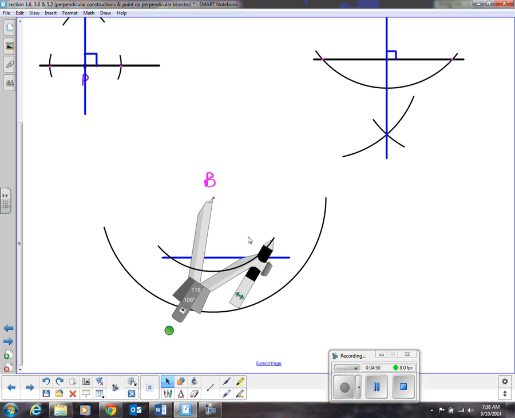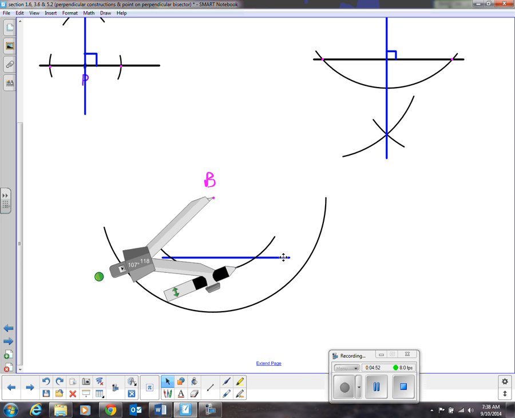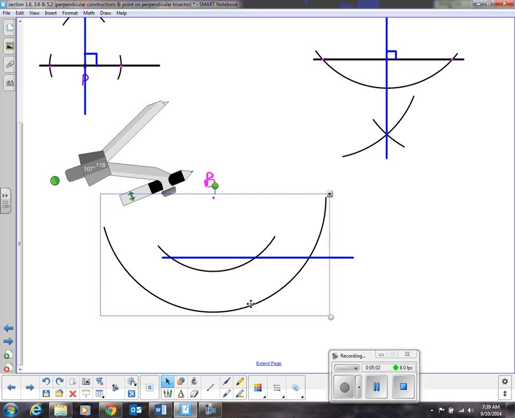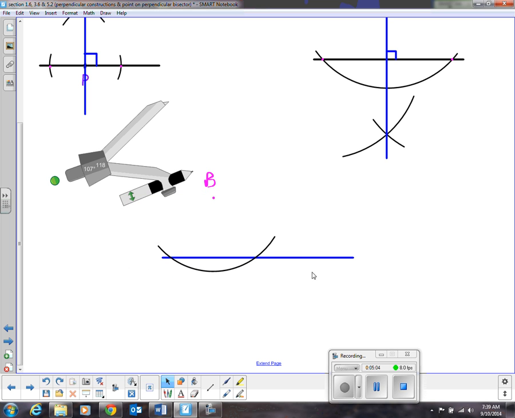Now have I done my segment? Or what could you do to the segment? Make it longer. That was another option. So I'm going to delete my big one. So there's my arc. Now, the purpose of intersecting this segment 2 times was for what?